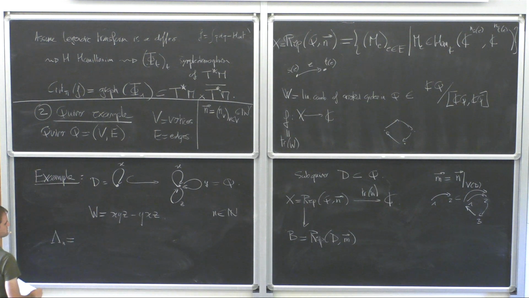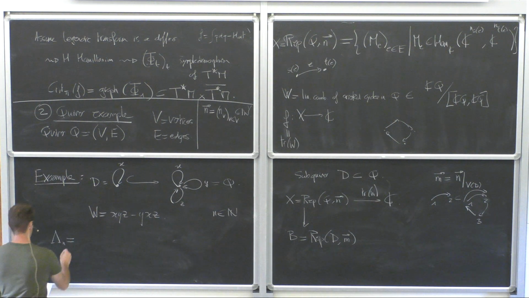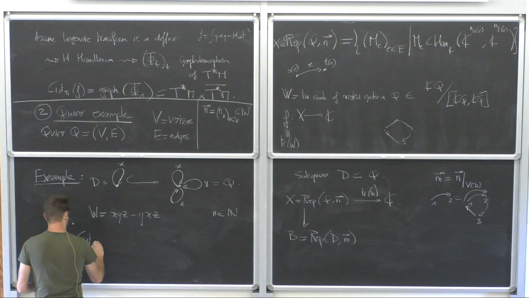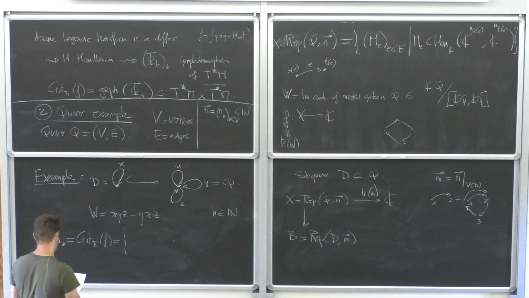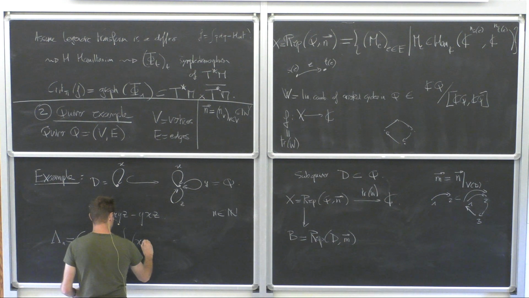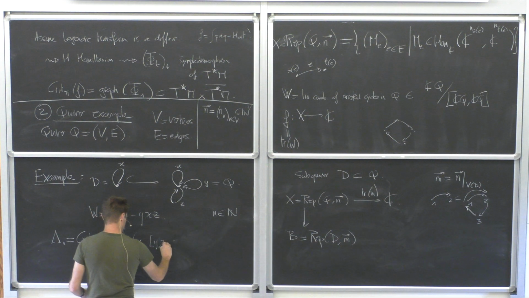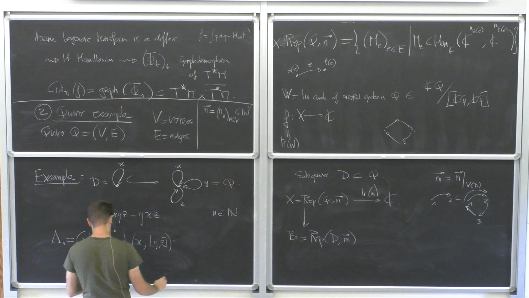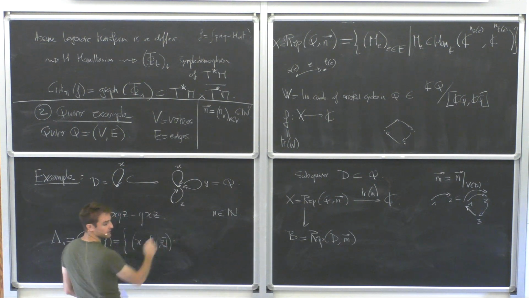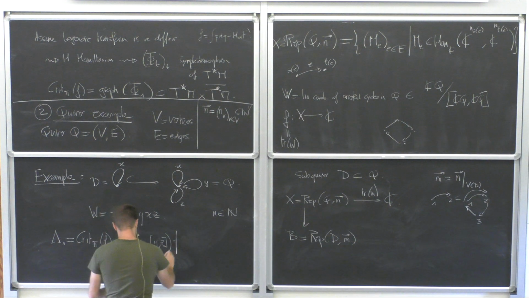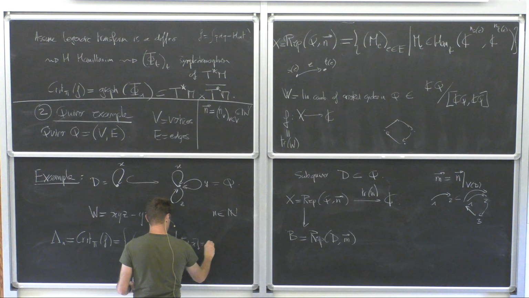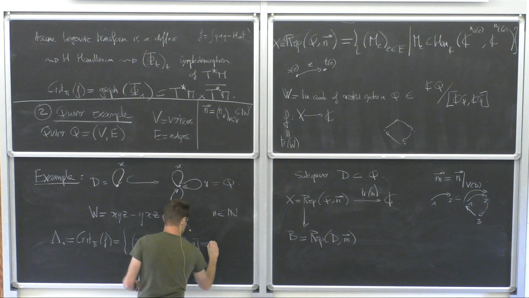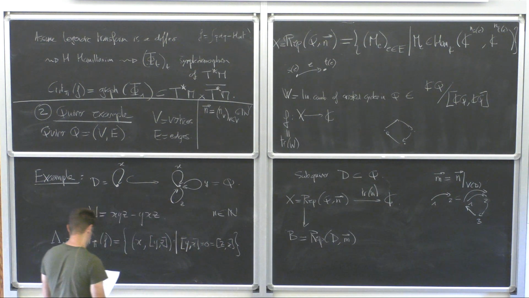the critical locus associated with this. Let me give it an explicit description. If we compute it, what we find is pairs of X and the Lie bracket of Y and Z, where X, Y, Z are just n by n matrices. And we have the condition that Y commutes with X, and so does Z. And that's it.